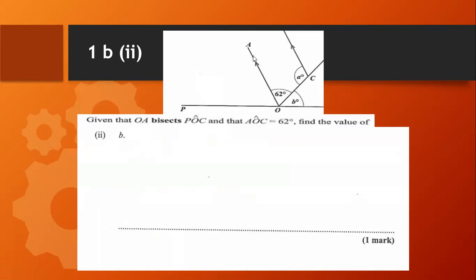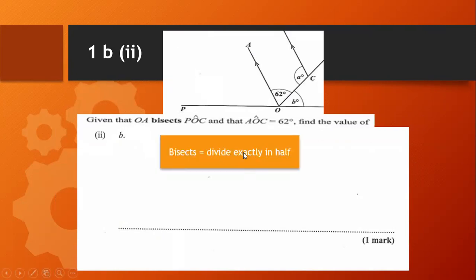So if it bisects, the question is, what does bisect mean? Bisect means divide exactly in half. So this OA divides this angle here exactly in half, right? It's perfect. It divides it exactly in half.